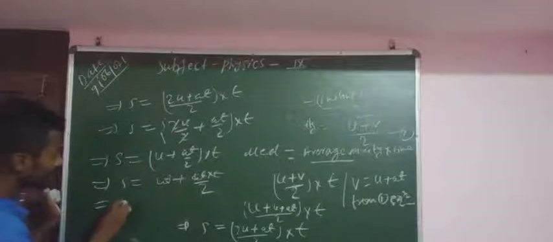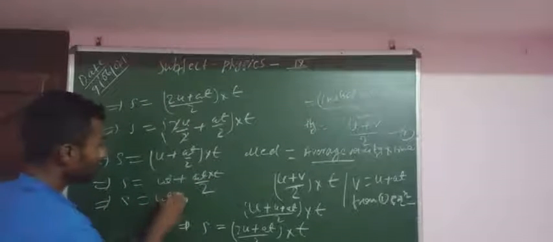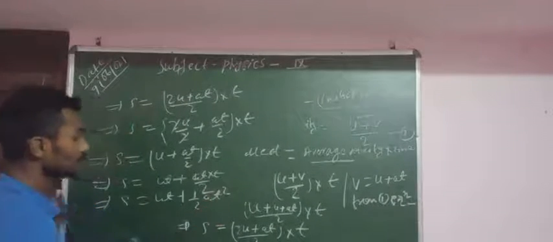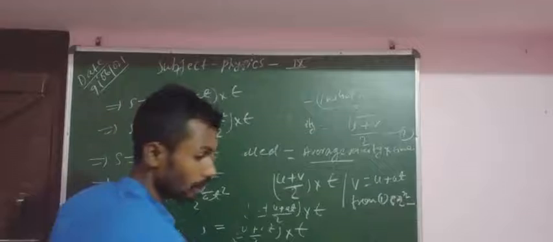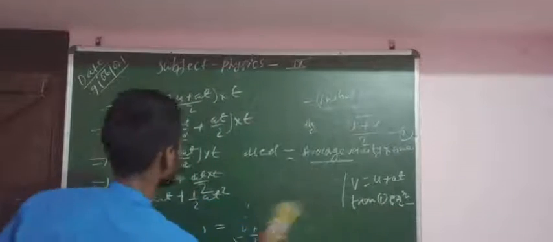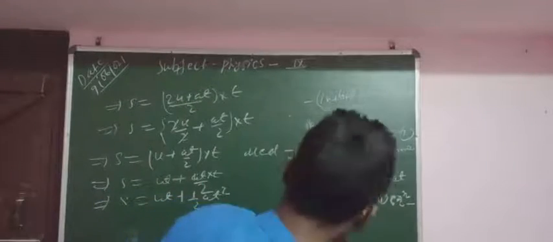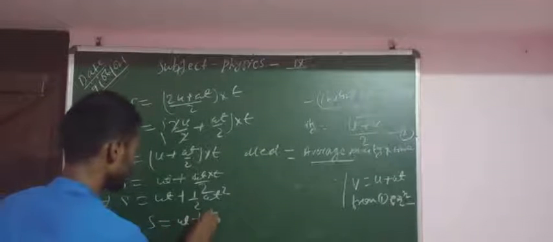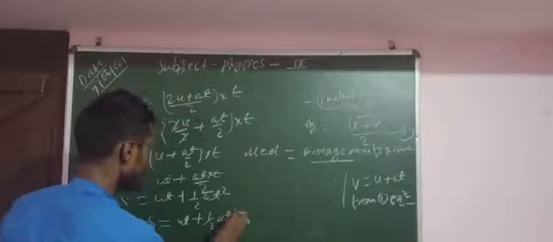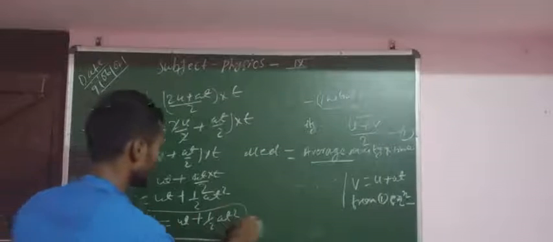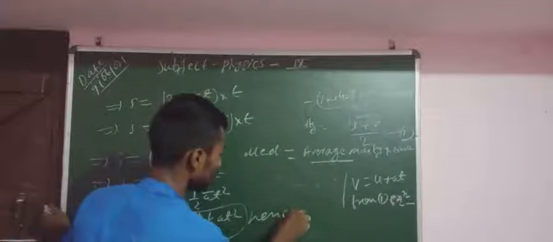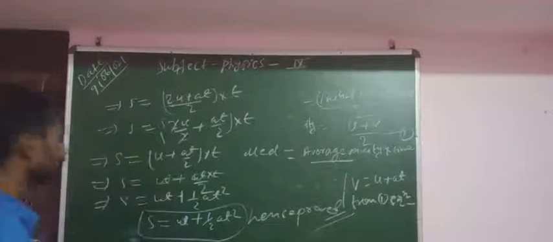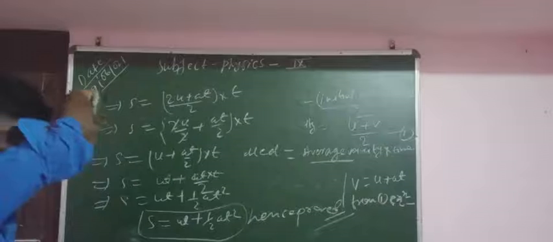So the final result is s will be equal to ut plus 1 by 2 at square. Hence proved. So finally we can write that s equals ut plus half at square.